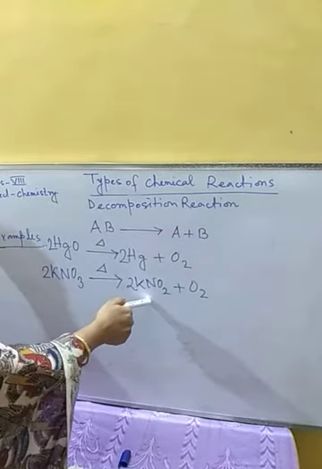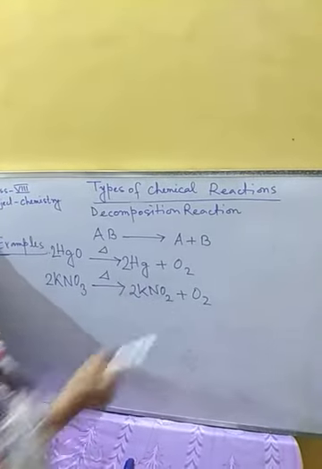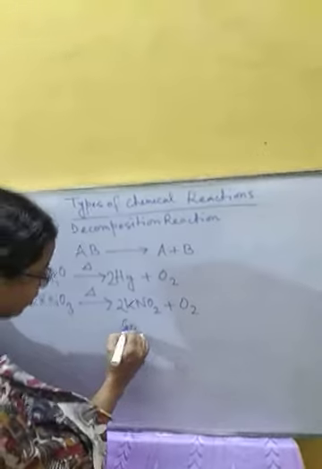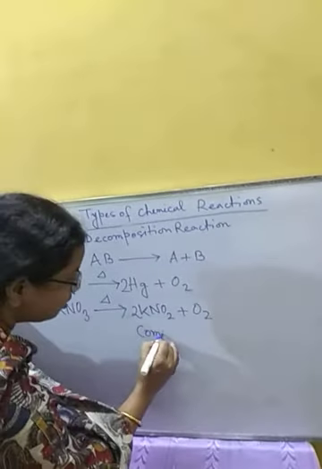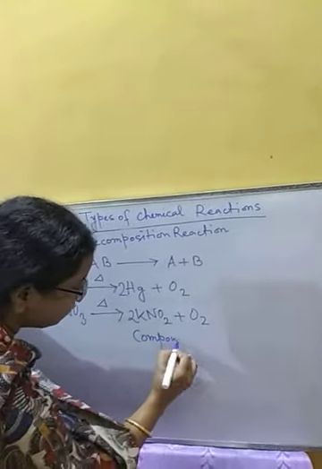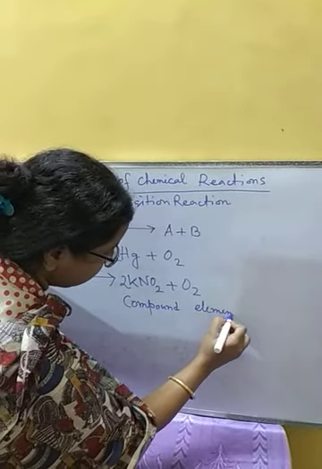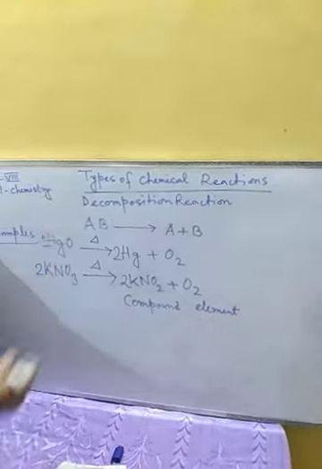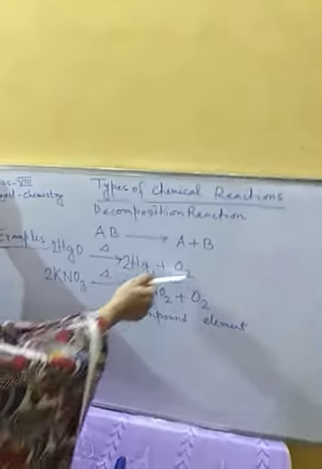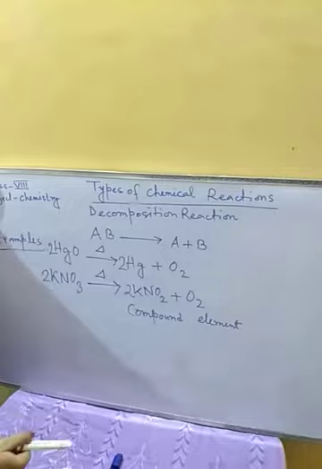Here this is a compound and this is an element. So from a compound we can get a compound as well as an element. And in the first reaction we got 2 elements, mercury and oxygen, from a compound.